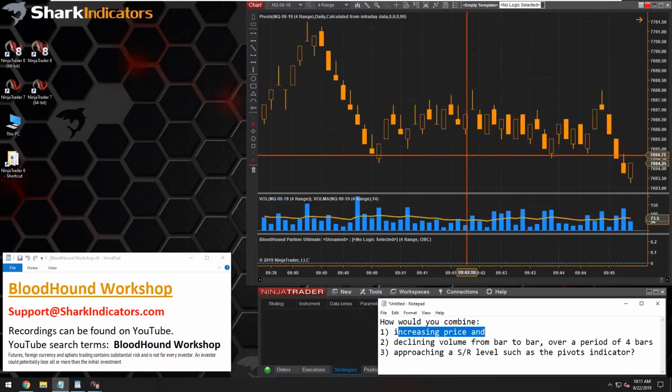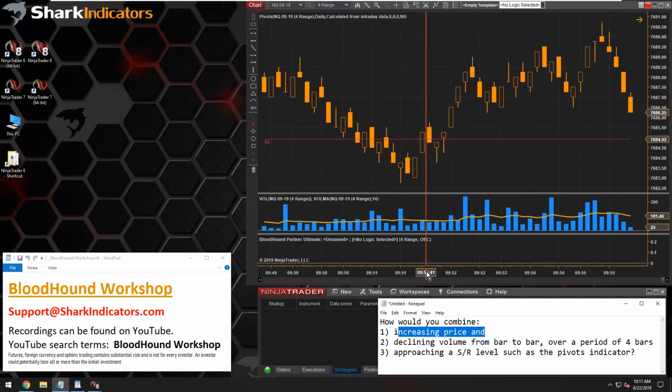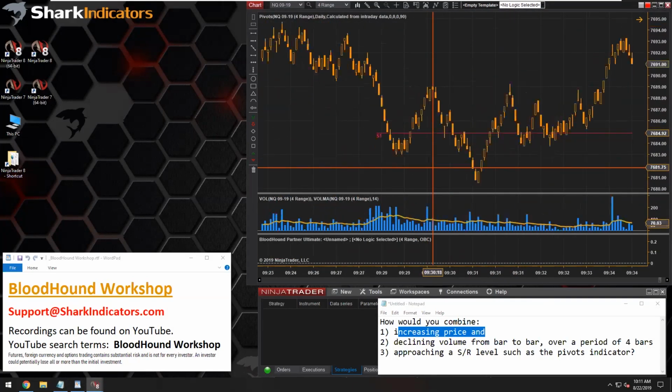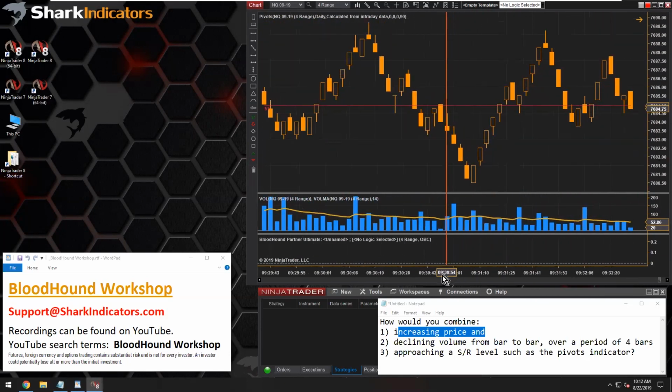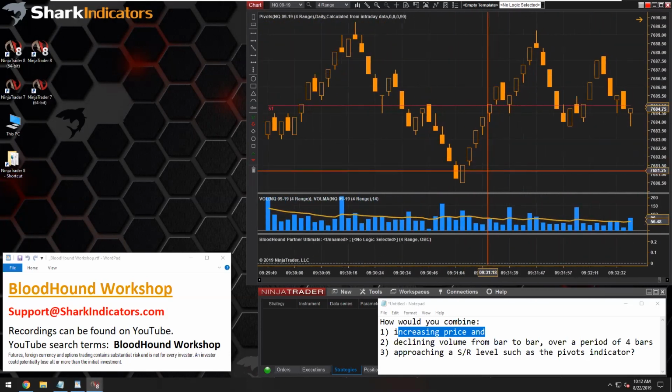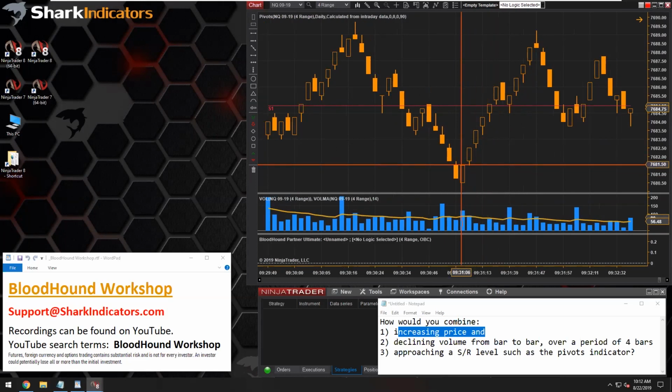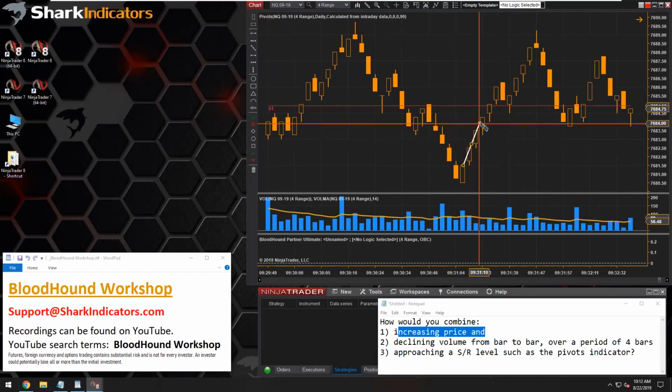We had a spot back here earlier. Yeah, here we go. If you're measuring increasing or decreasing price, there are a couple of ways you can do that as well. You can just go from bar to bar to bar to bar, look at all the closing prices, and make sure that the closing prices are all rising.